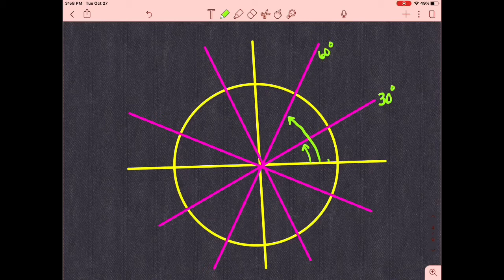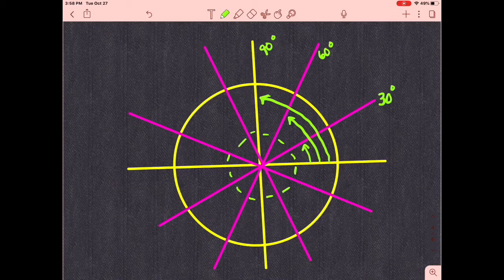And from here to here is 90 degrees. So we can keep talking like that, but we're basically going to divide our circle into 1, 2, 3, 4, 5, 6. So pi is going to get divided into 6 pieces, 7, 8, 9, 10, 11, 12 for the whole 2 pi.